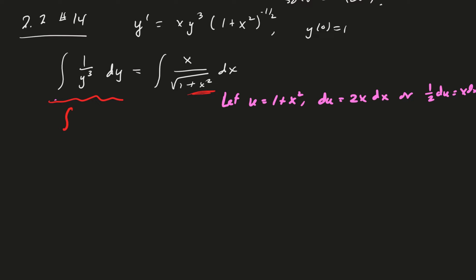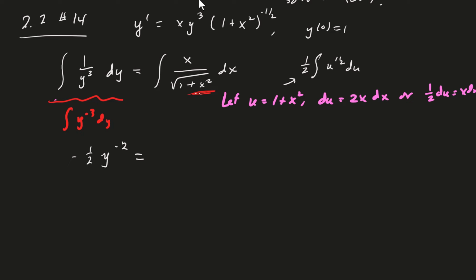That's the integral of y to the minus 3, so that's going to be y to the minus 2 power. Let's go ahead and write that down: y to the minus 2 power, I'm going to need to multiply by minus 1/2, is equal to, using my u-du, I'm going to let you go ahead and work that. Well, I'll go ahead and write down that's going to be the integral of 1/2 u to the minus 1/2 power du.